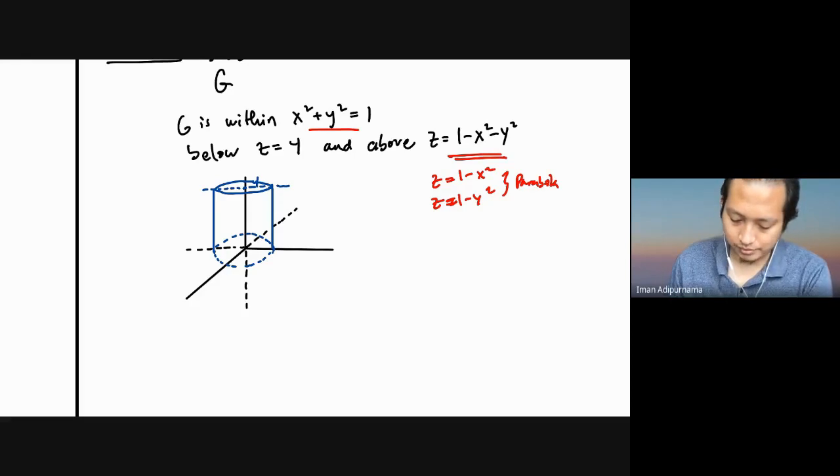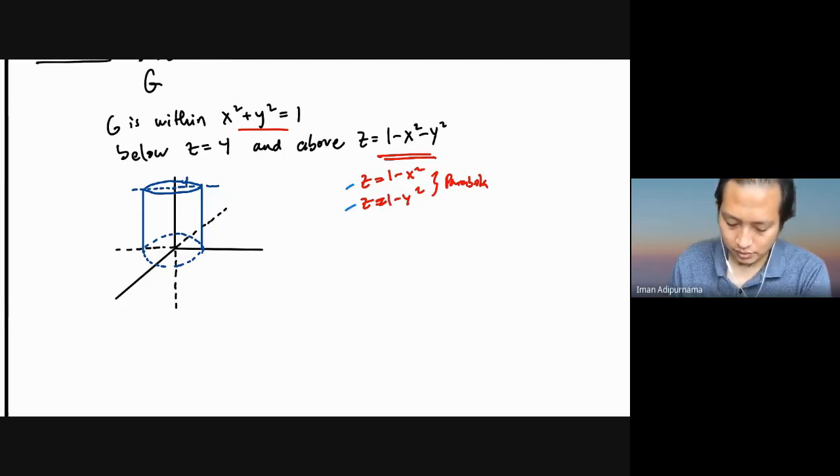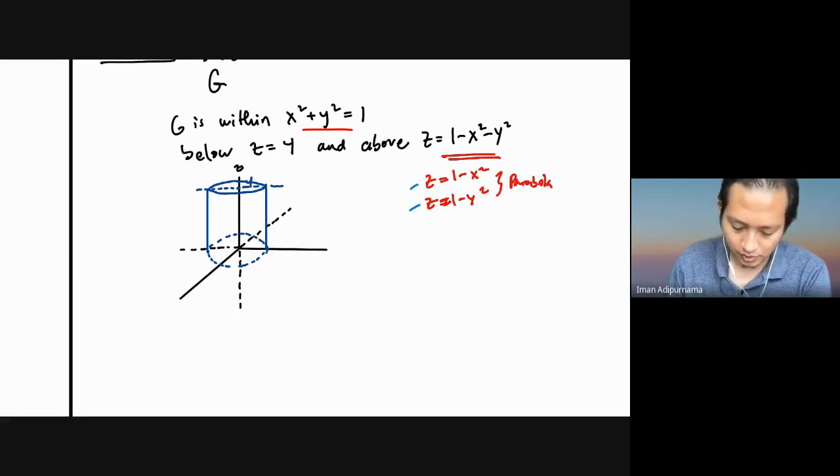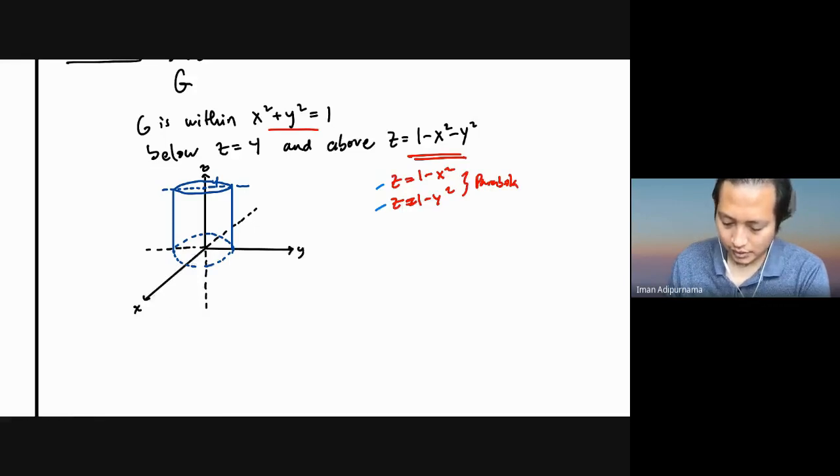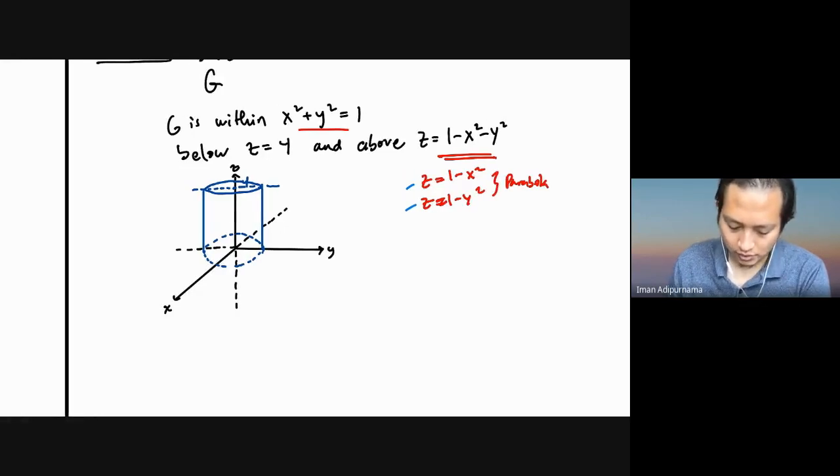This parabola, this is x, y. Let's take z and y, so we will have this parabola, and we will have the xz, and we will have this parabola here.